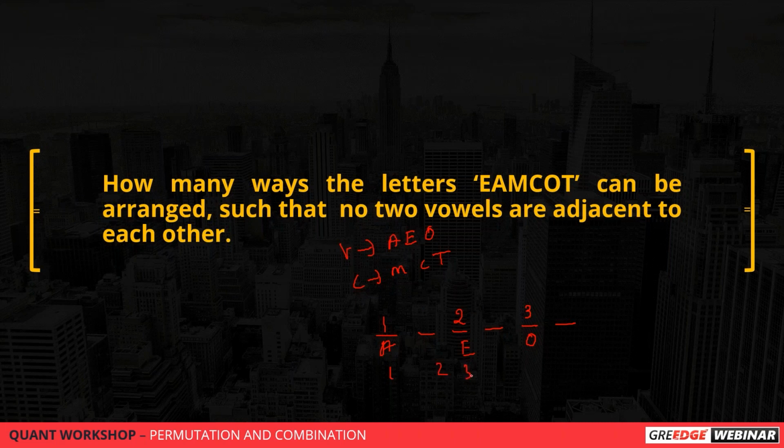Let me write the numbers 1, 2, 3, 4, 5, 6. If I start with 1, it will go with 1, 3 and 5, right? If I go with 2, then it will be 4 and 6.